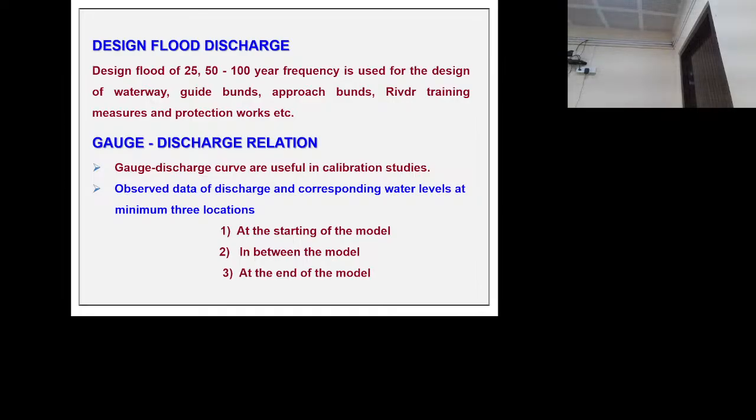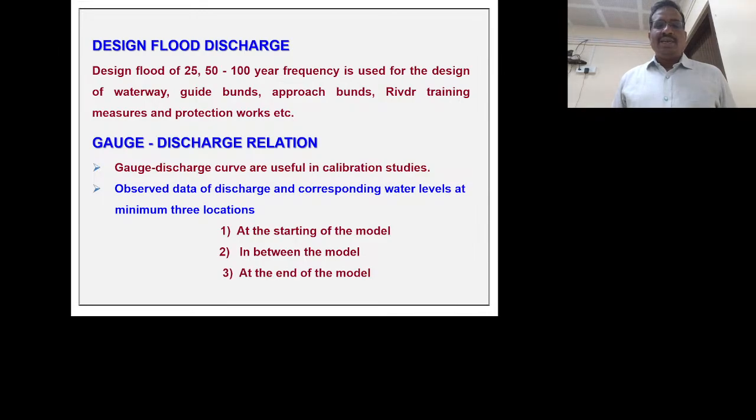So like that, you have to choose which discharge for which type of hydraulic structures. Normally we have 25 years, 50 years, 75 years, 100 years discharges. We can extract these from the CWC unit hydrograph method.